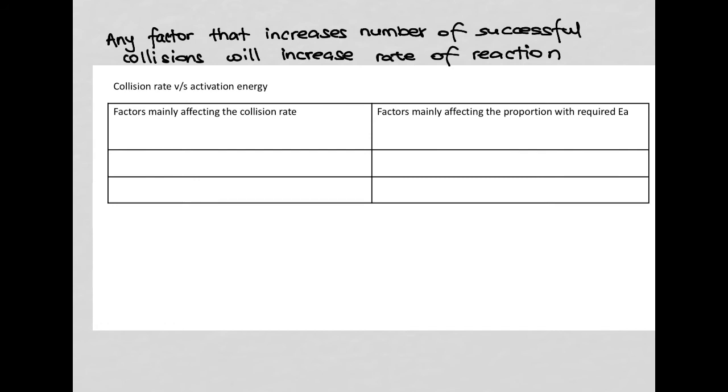For example, you have concentration, which applies for aqueous substances, and pressure, which applies for gaseous substances. So if you increase concentration or pressure, you are going to increase the number of particles per unit area. So the more particles you have per unit area, the more collisions you're going to have, the more successful collisions you're going to have. So rate of reaction will increase.